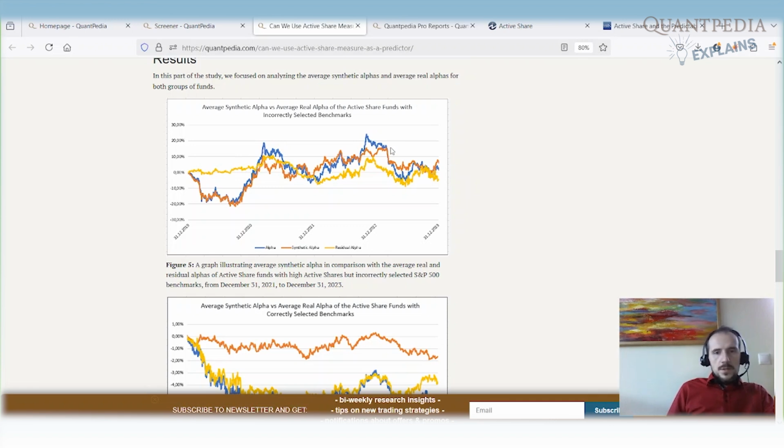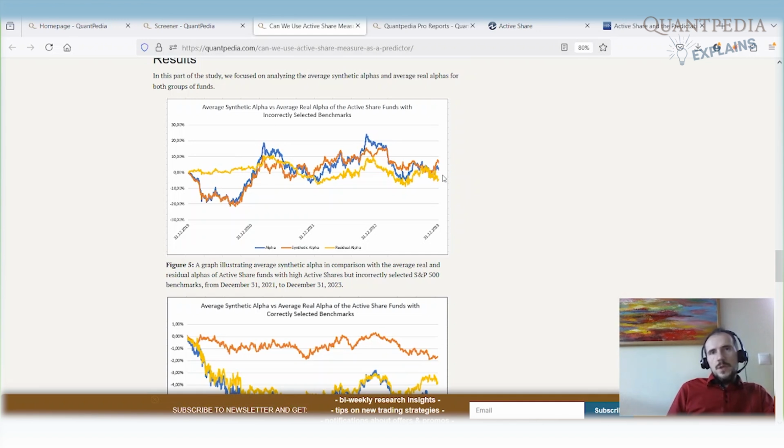So here we can see that in the case of the managers that had the high active share, so they were very active, but they stated that they are picking the S&P 500 as a benchmark, but in reality they bought the stocks from, I don't know, small cap value universe or something like that. Most of their performance was explainable by those synthetic bets, so by that synthetic alpha, and the residual alpha, so the stock picking ability, was not important for the performance of the fund at all.